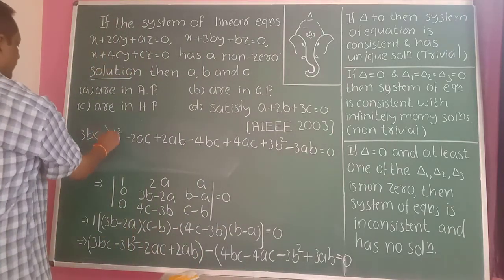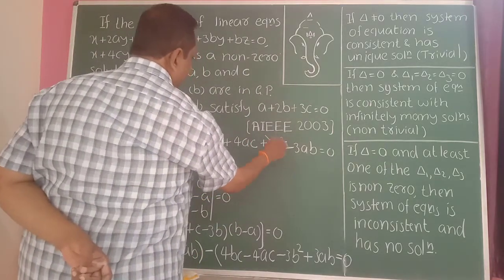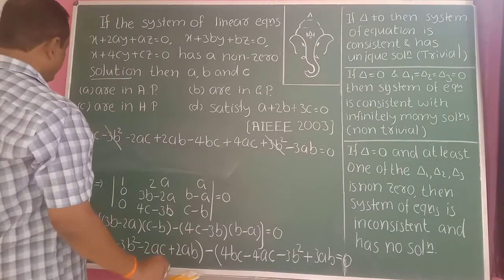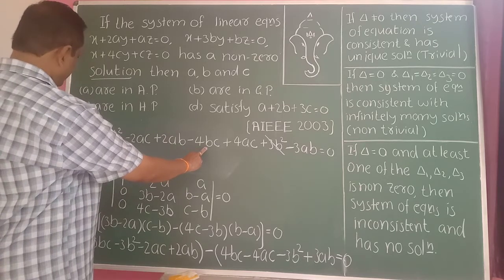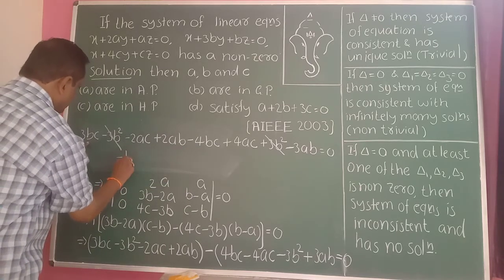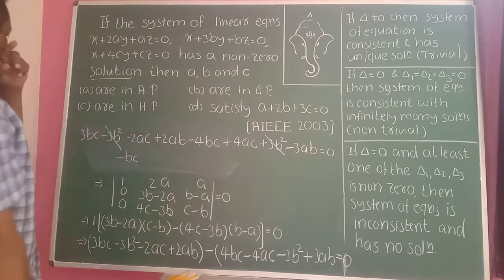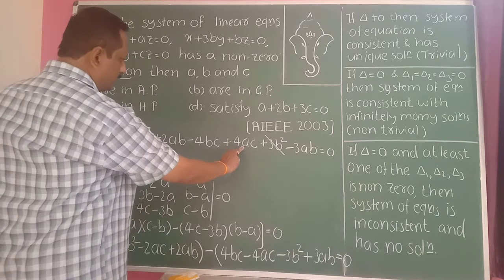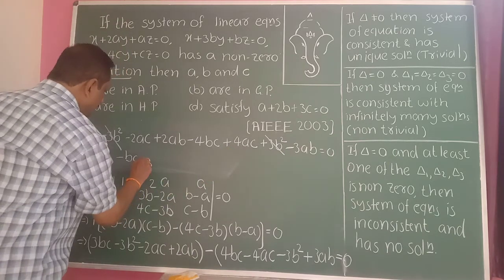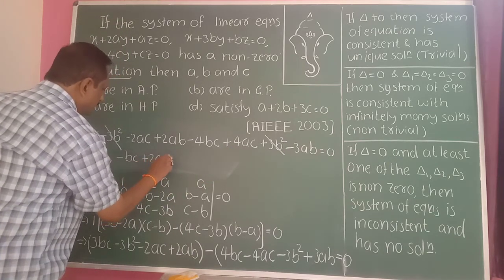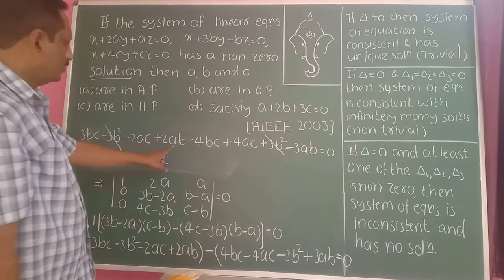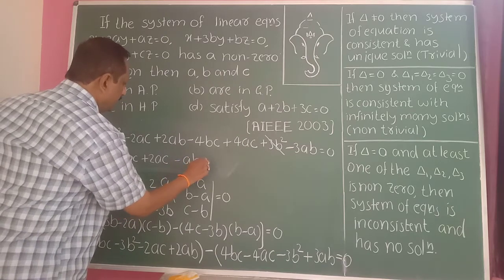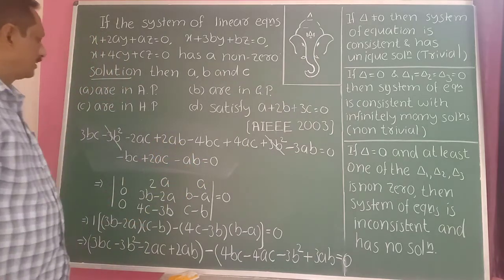Minus 3b square and plus 3b square cancel. Then 3bc minus 4bc gives minus bc. Minus 2ac plus 4ac gives plus 2ac. Then 2ab minus 3ab gives minus ab, is equal to 0.